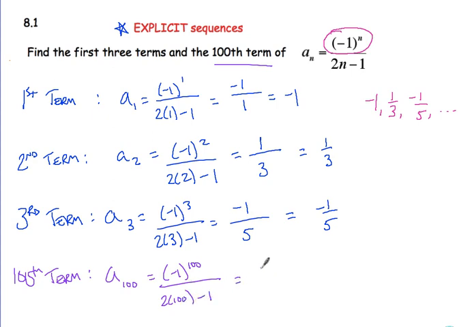Well, negative 1 to the 100th power, since it's even, that'll be a positive 1. And then we'll have 200 minus 1, which is 199 on the bottom. So that's our 100th term. So again, explicit means you can plug in whatever number of the term that you're trying to find. So if I want the 50th term, I plug in a 50.